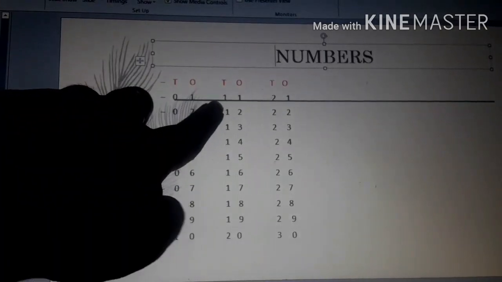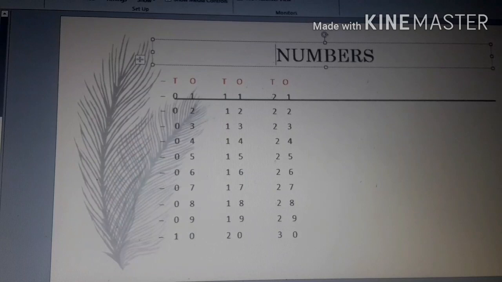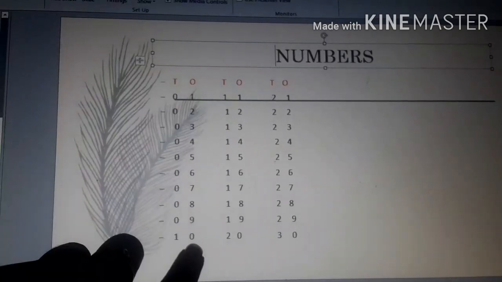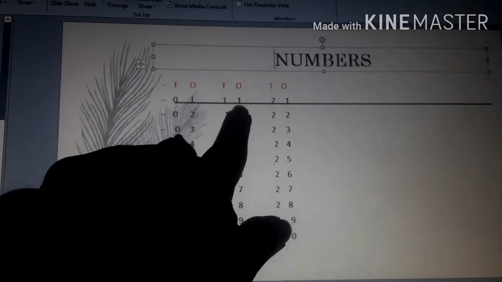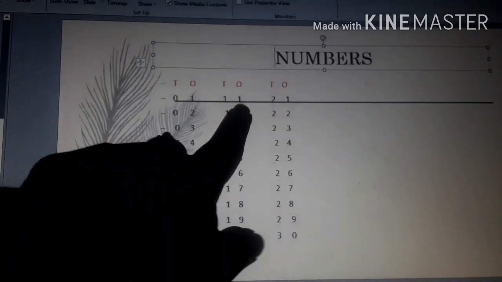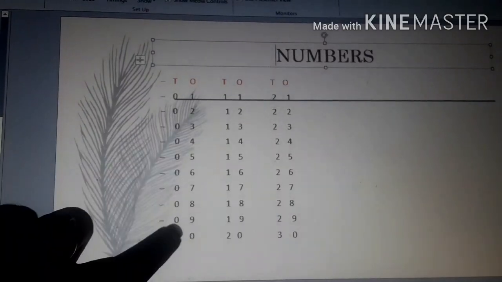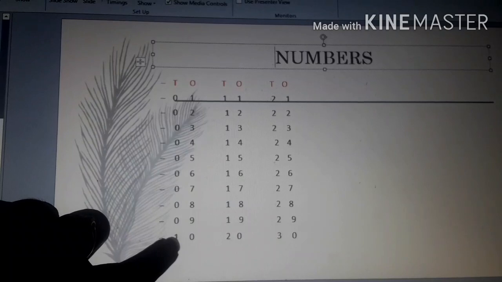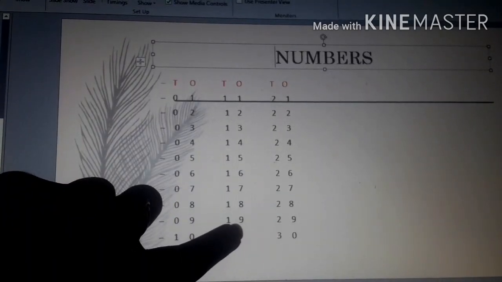Next you see, children, how will we continue after 10? In which sequence will we write? After 0, in the ones place, what comes? After 0, what comes, children? 1. So we write 1 in the ones place. And the 1 in the tens place remains the same up to 9.